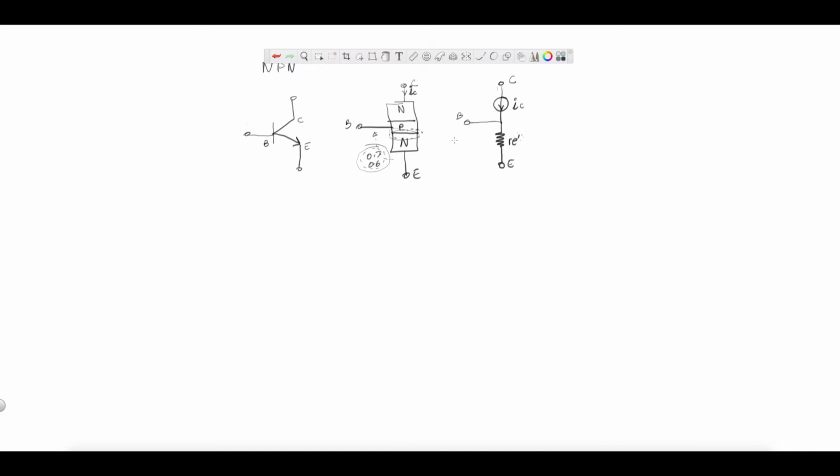Now, that current generator IC is still related to the current IB going through. And remember, we also have a current IE coming out. Assuming this is already connected, we're just looking at the AC equivalency for this circuit.